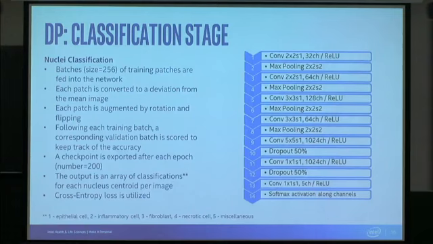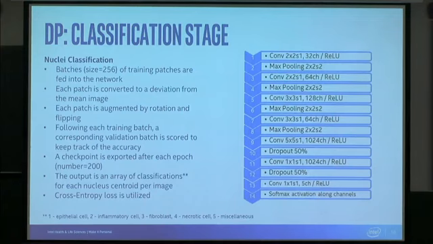And the net itself, the architecture looks a bit similar to the first one, but again, softmax activation along channels. So basically for each pixel in the patch, we have a probability whether it's one of these classes: epithelial cell, inflammatory cell, fibroblast, necrotic cell, or miscellaneous. Maybe the sizes of batches differ, but in general the procedure is the same.